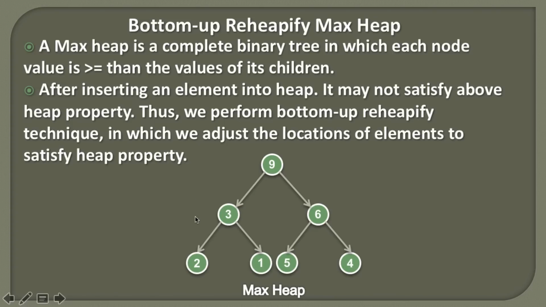Similarly, the node having value 3 has two children, 2 and 1, and both are less than 3. So in a max heap each node has a value greater than the values of its children. Friends, this property is called the heap order property of a max heap: each node value is greater than or equal to the values of its children.